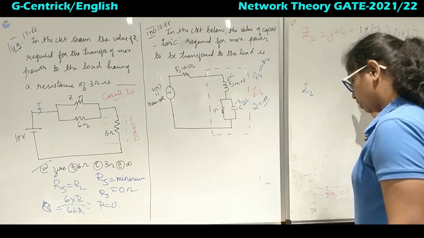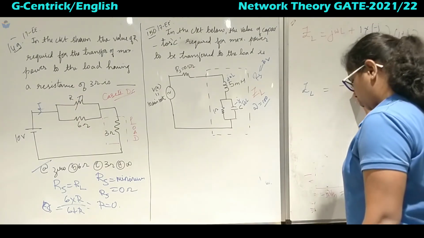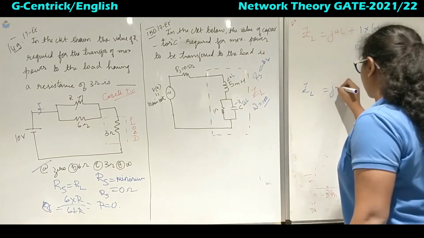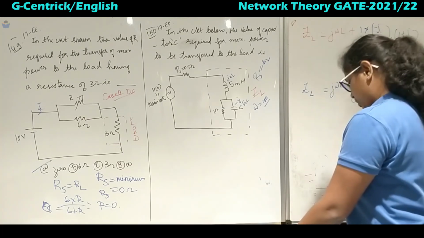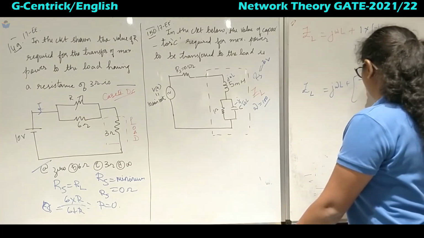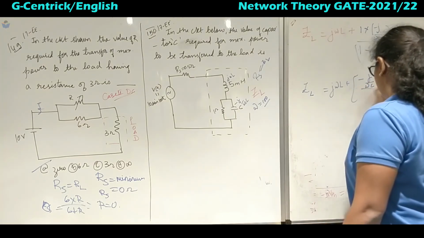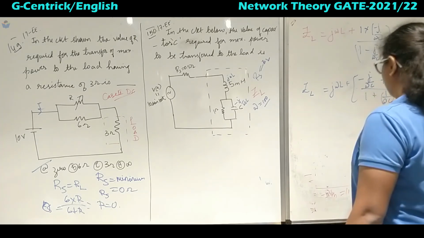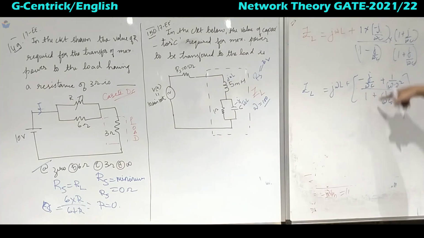So you will get the minus j by omega C. This I will keep as it is, j omega L. Okay, so plus you will get minus j by omega C plus 1 by omega C whole square divided by 1 plus 1 by omega C whole square. Okay, so this is the equation after you rationalize and multiply.